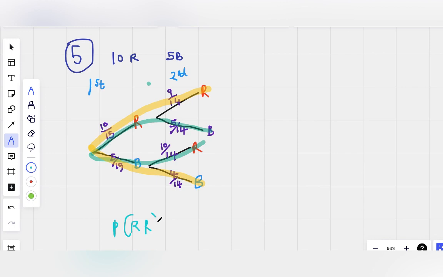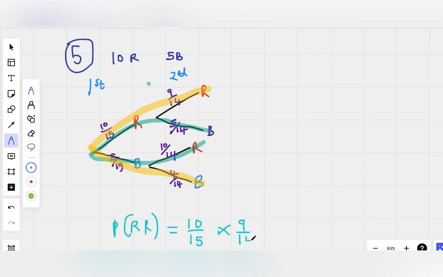So we have them in the tree. The first one red is 10 over 15, multiplied by, because this is an independent event, the second one is not dependent on the first one. So that's why we multiply. We say and the second one being red, which is 9 over 14. So 10 over 15 multiplied by 9 over 14.